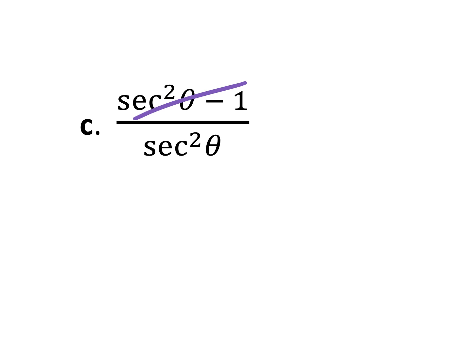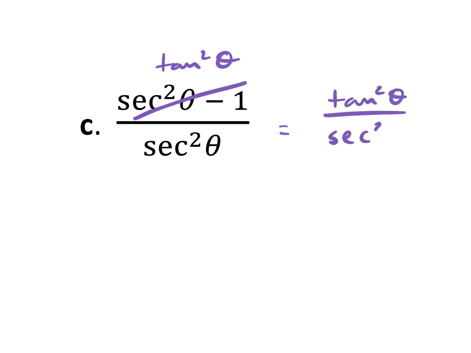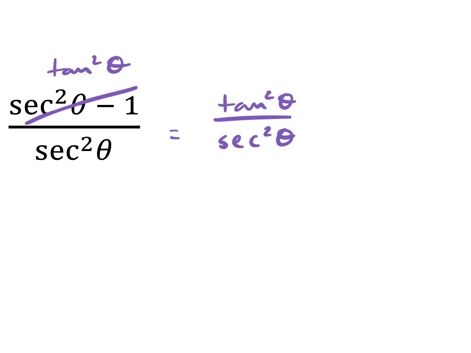I can change the top to tangent squared. So I have tangent squared over secant squared. What should I do next? I have to change them first. So I can make tangent squared sine squared over cosine squared.